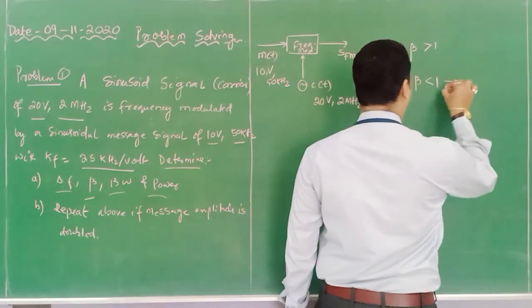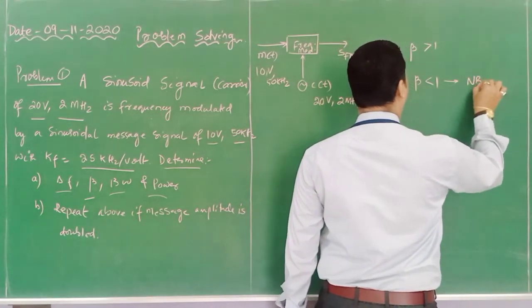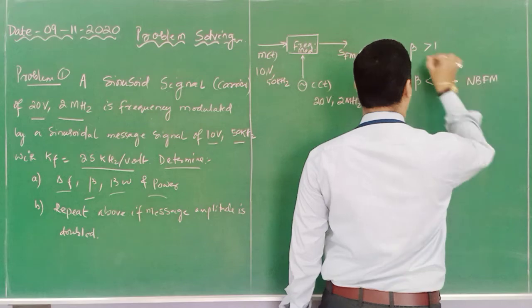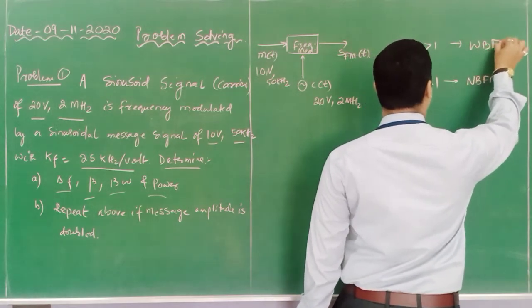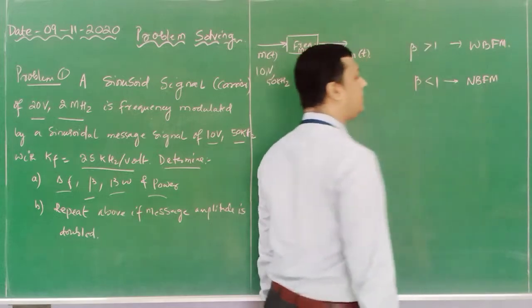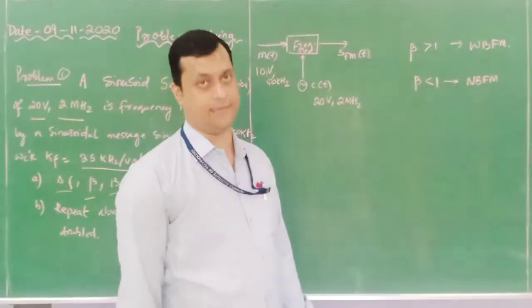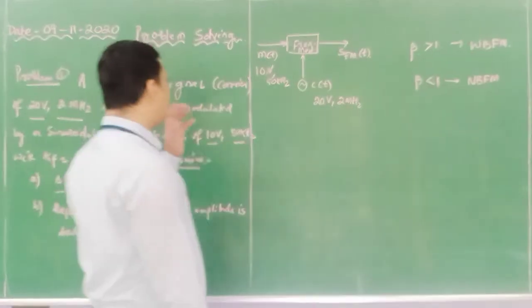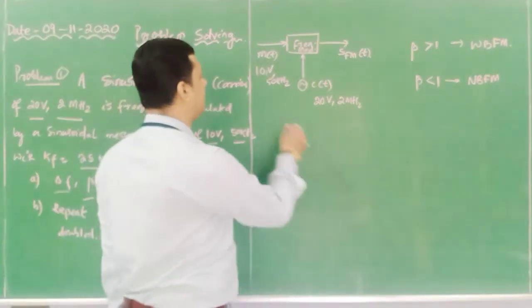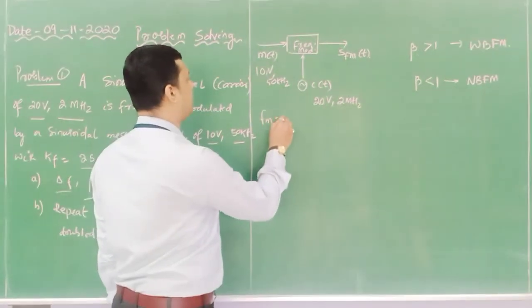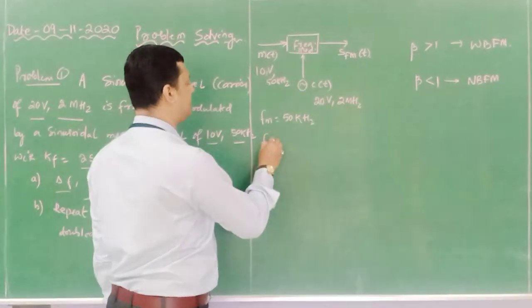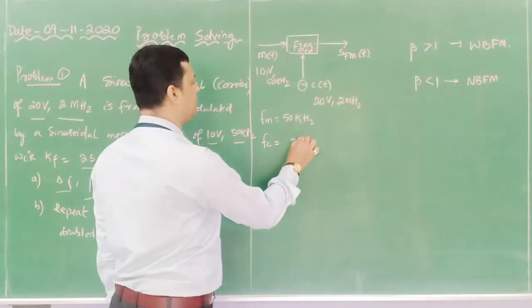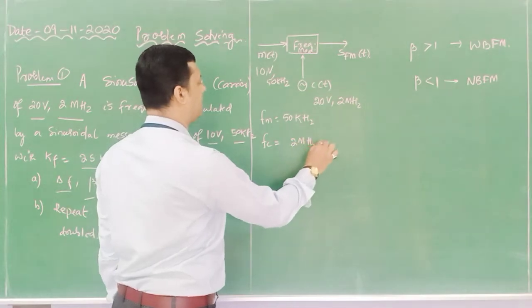So if beta is less than 1, I will say it is NBFM, and if beta is greater than 1, then I will say it is a WBFM signal. For this we need to determine certain things. As it is given, fm is equal to 50 kilohertz, fc is equal to 2 megahertz.